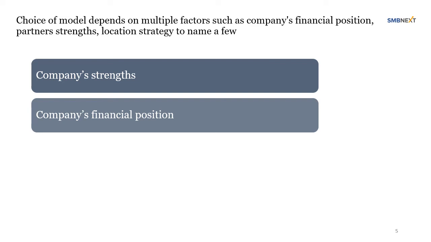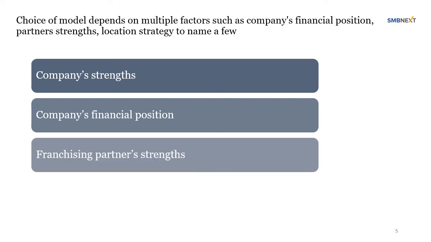So COFO may not be ideal for you, because in COFO you have to set up your own store, which is a big cost. And it's not just about setting up one store. Typically when you go for franchising, you're looking at maybe 10 or 15 or 20 stores across the time horizon, so it can be a big financial drain if you're setting up your own stores.